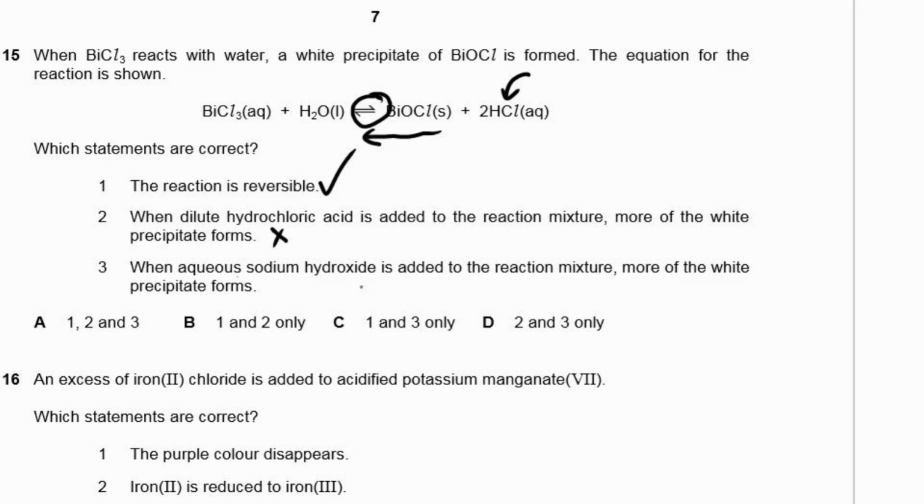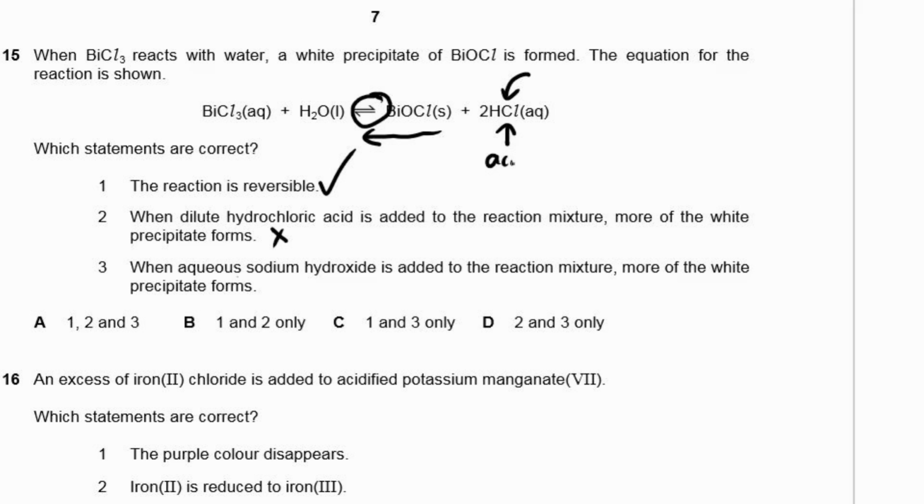When aqueous sodium hydroxide is added to the reaction mixture, more of the white precipitate forms. Okay, so sodium hydroxide is none of these reactants or products. However, sodium hydroxide is an alkali, and when you react an acid and an alkali, you get salt plus water. So this is hydrochloric acid.